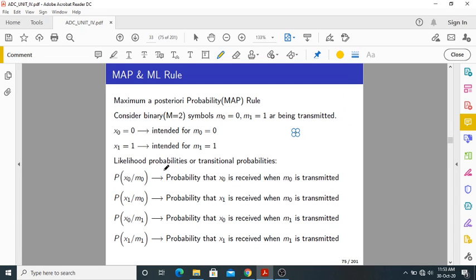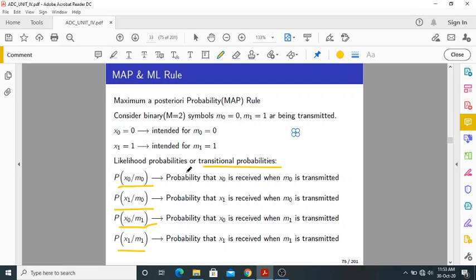They are called transitional probabilities or likelihood probabilities. These are the 4 probabilities of the scenario just explained.